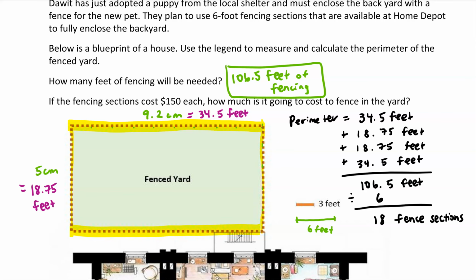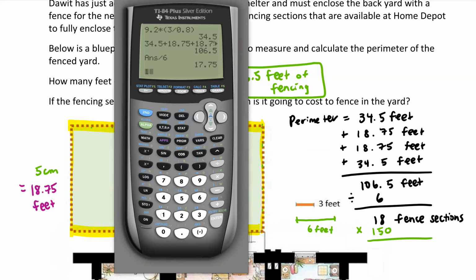Then the second question says, if the fencing sections cost $150 each, how much is it going to cost to fence in the yard? So if there are 18 fence sections and they cost $150 each, we have to multiply this by 150. So we're going to do 18 times 150, and that gives us $2,700.